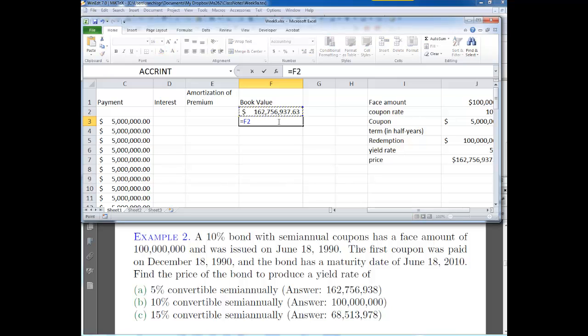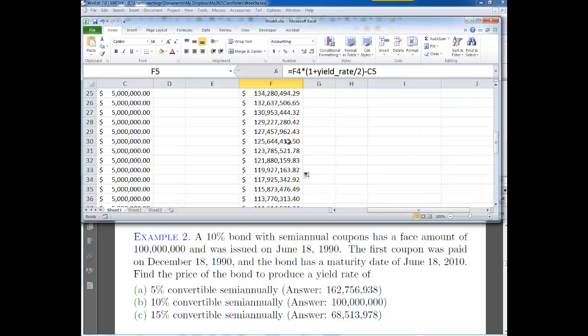So that times 1 plus the yield rate divided by 2, minus the payment, gives me the book value at each time. And I should end up with 0 at the end.